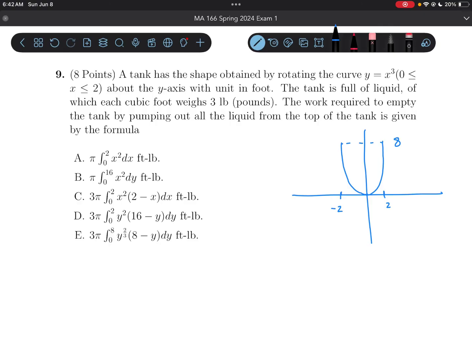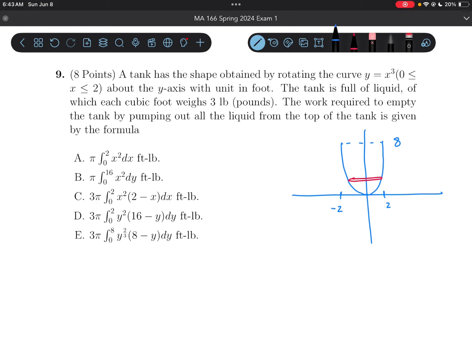Okay, so in this situation, we can think of work as the amount of force required to lift a certain piece of water times the height that we need to lift it. So, for example, we would consider just the flat circular region over here, and we would find the area of this piece of water, and multiply it by the distance that we need to lift it.